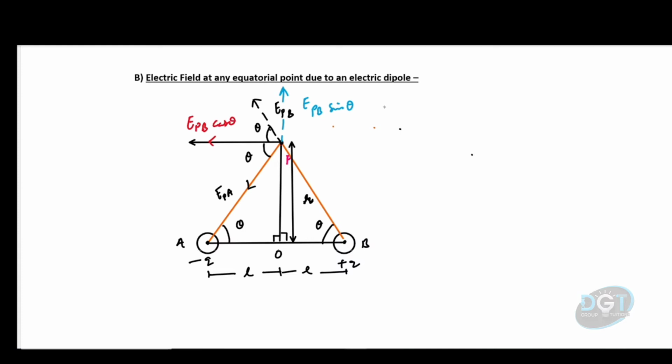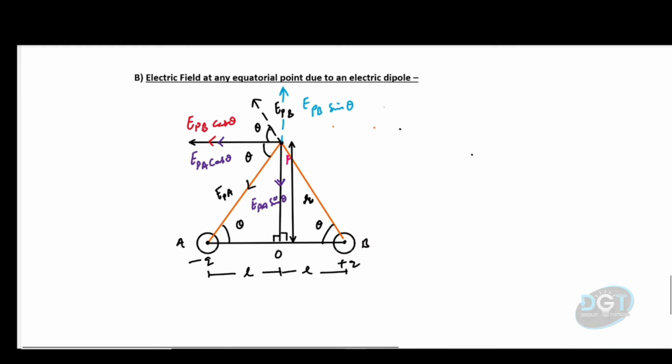Same way, electric field at P due to A would have two components, one along this line, which is EPA sin theta, and the other along this line, which is EPA cos theta.